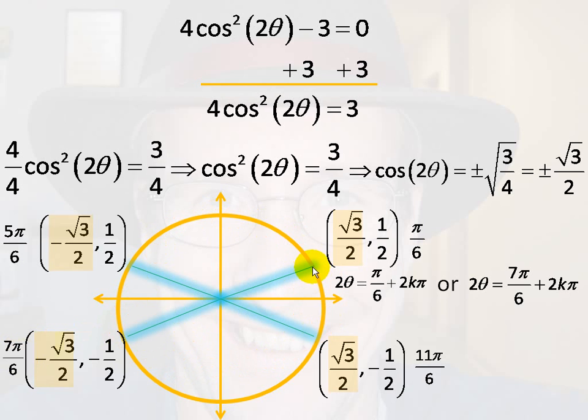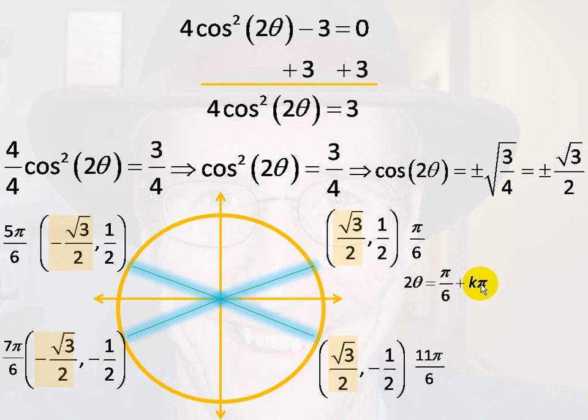I go from angles that are coterminal to pi over 6 to angles that are coterminal to 7 pi over 6 by just adding a pi each time. So we could combine those two solutions and just say, well, 2 theta equals pi over 6 plus k pi. And of course, k is an integer.